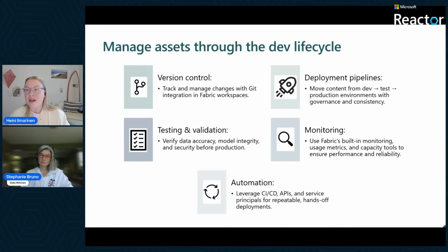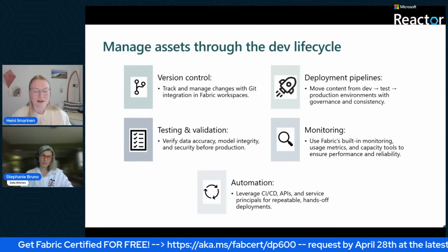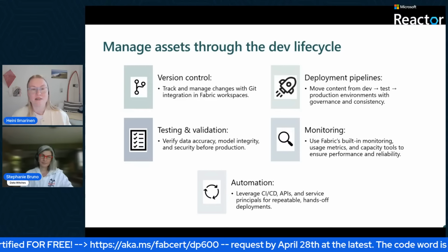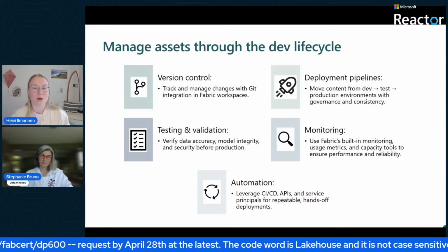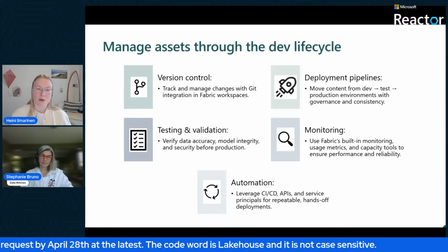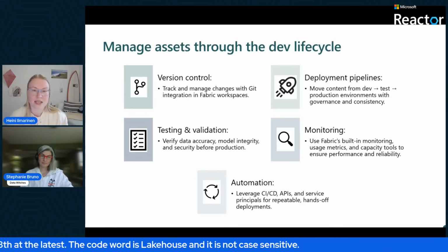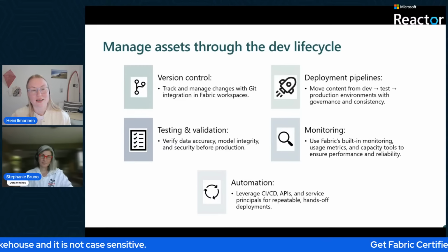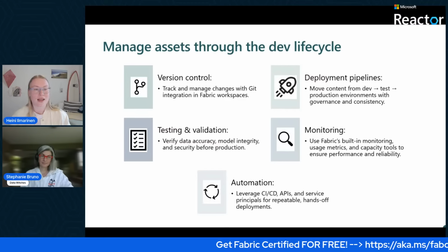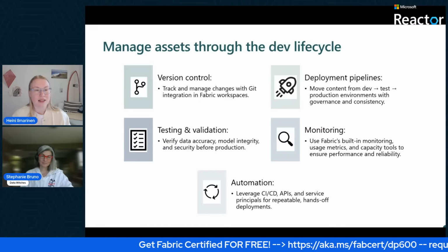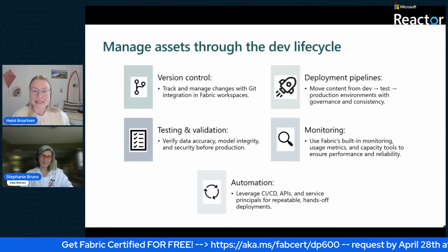Then we have deployment pipelines, and these are what help us get the changes that we have done in, for example, a dev environment. You could use a deployment pipeline to take those changes from development to test, and then from test to production environment, with the ability to choose which changes you are taking, ensuring that they actually go through, and having that governance and consistency in place.